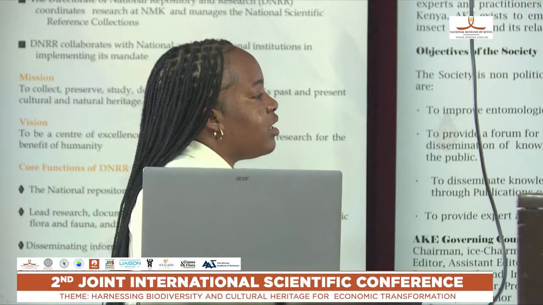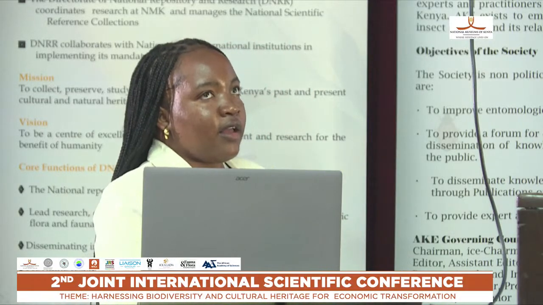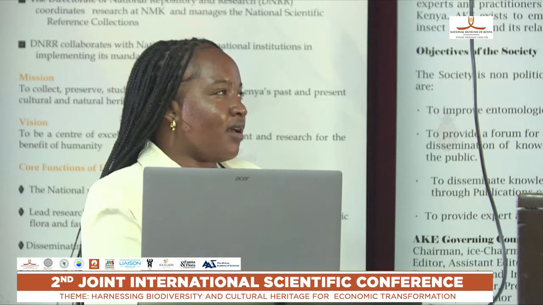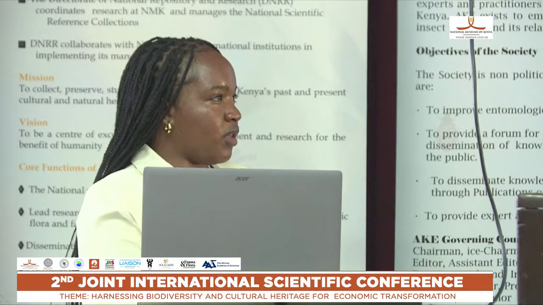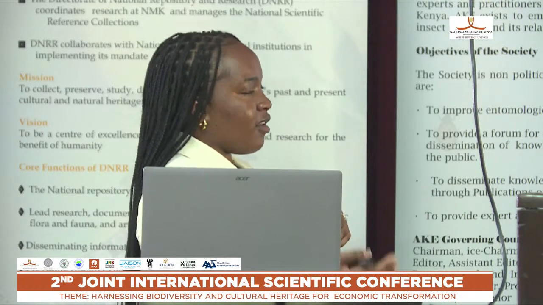And then we have a need for updated georeferenced occurrence data, especially for data that was collected back in the 90s. Most botanists only used to collect, and the locality record they put there is the center of a QDS, which does not give you the exact locality of a record.